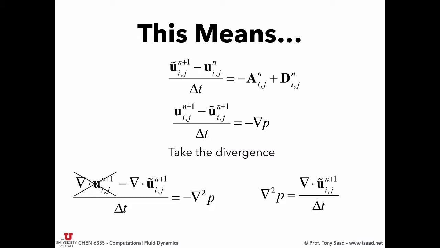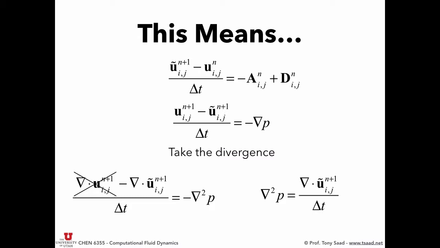We wrote it as A and D because you may choose the conservation form or the non-conservation form, whatever you like. But what doesn't exist here is the pressure, because we don't know what it is. The idea is that this U tilde is not necessarily divergence-free. It's just a velocity field that results from solving an advection-diffusion equation. There's no constraint for it to be divergence-free.